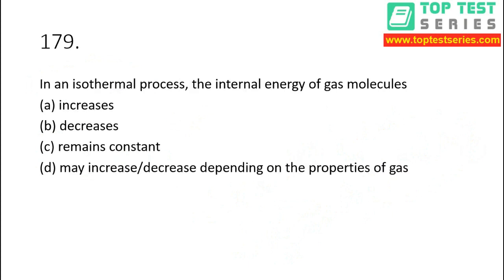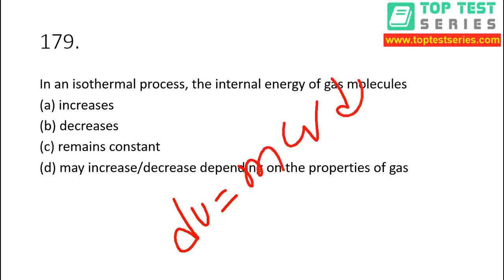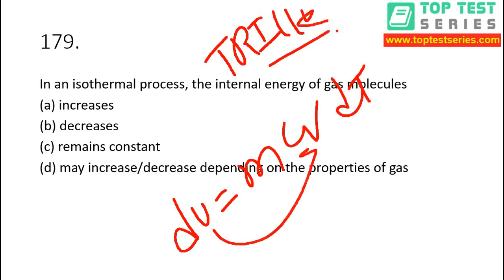Question number 179. In an isothermal process, the internal energy of gas molecules. So, my dear, what is happening in case of an isothermal process? Let's write. We know that internal energy dU is equal to mCv dT. Here I am sharing the trick to remember whether it is mCv or mCp dT: after U, what is next? After U we get V. Therefore, in case of dU, it is mCv dT, right?